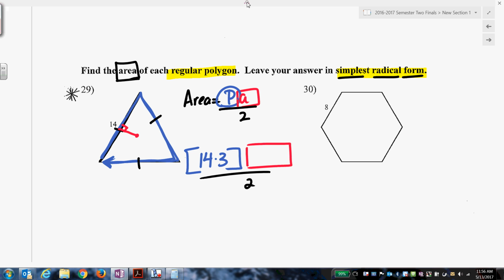Remember, this is an equilateral triangle, which would also make it equiangular. If you don't have a right triangle, you can always draw one in. So I'm going to draw one in here. Why can I do that? I'm going to make what I call the pizza slices.